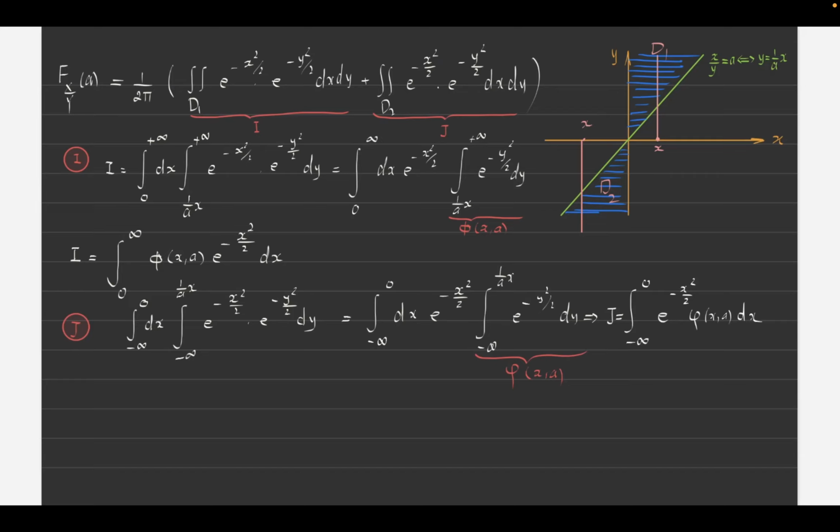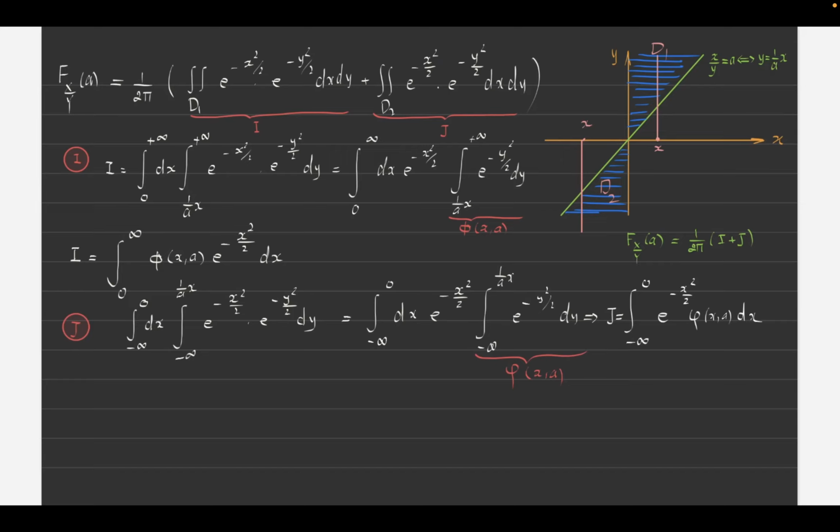Now let me also write what we have here. Capital F of x over y at a is equal to 1 over 2 pi times I plus J. Now you know that my goal is to differentiate this function with respect to a.